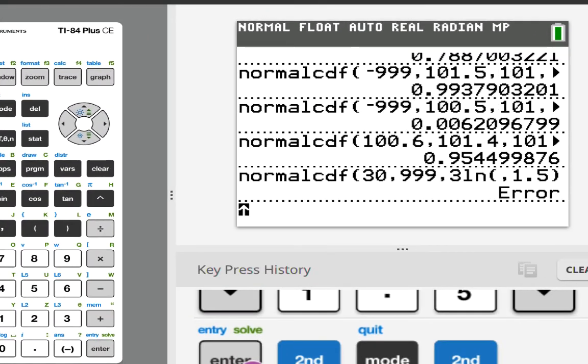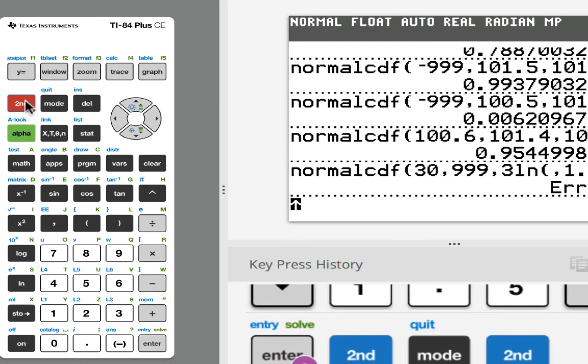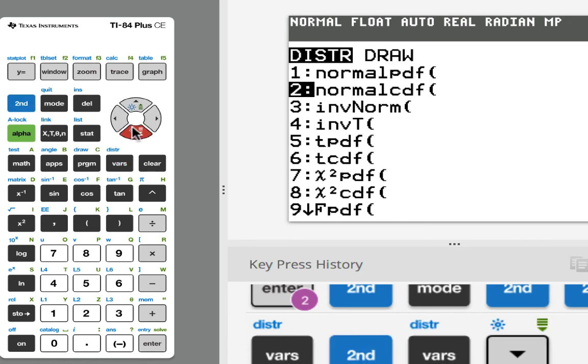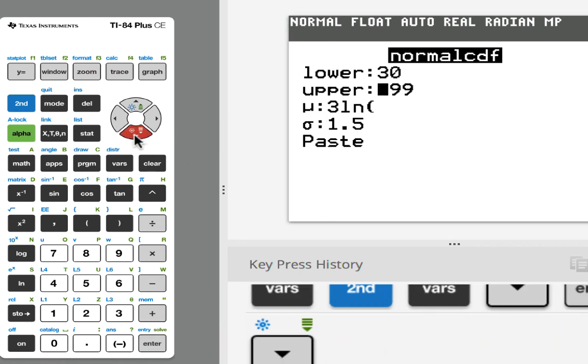So this was the mistake. I was in a hurry. So guys, don't be in a hurry. Second, then normal CDF, press enter. Now that's where the mistake was. The mean was to be 34.